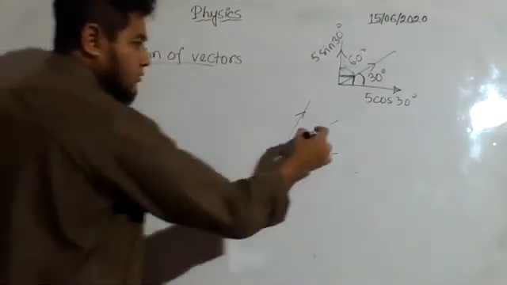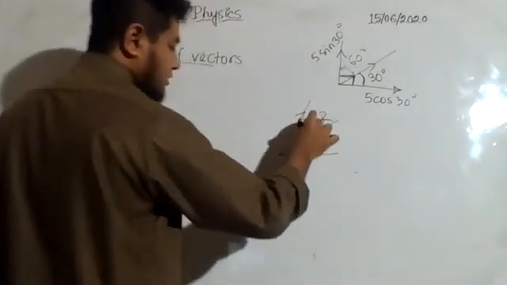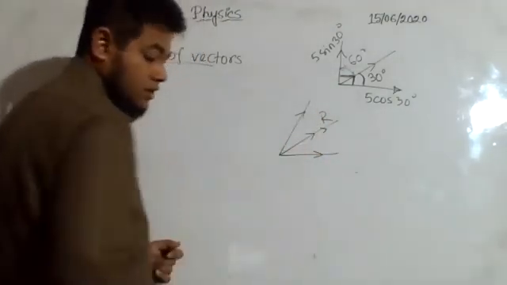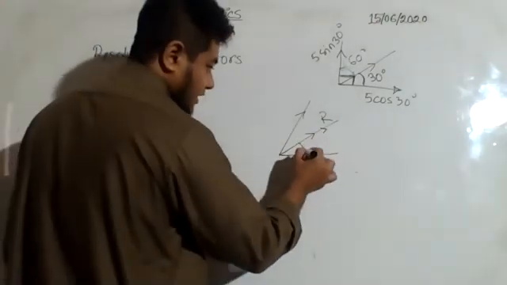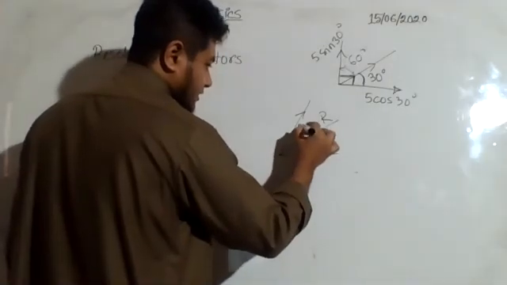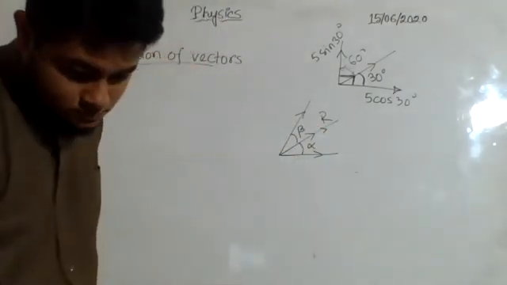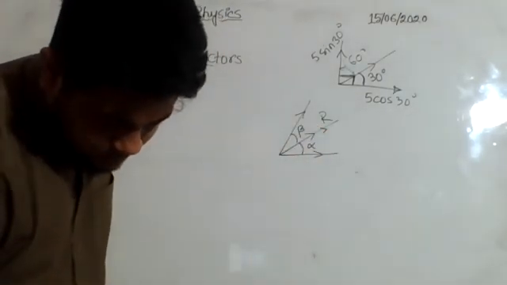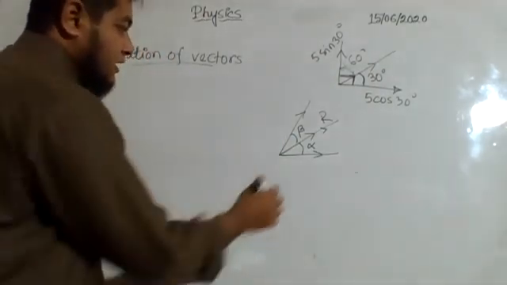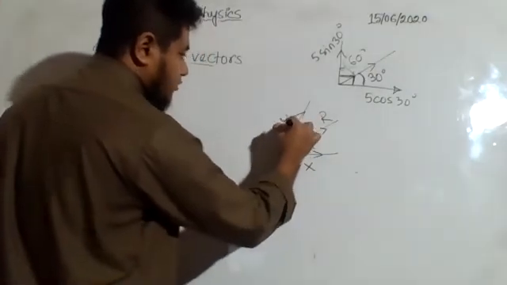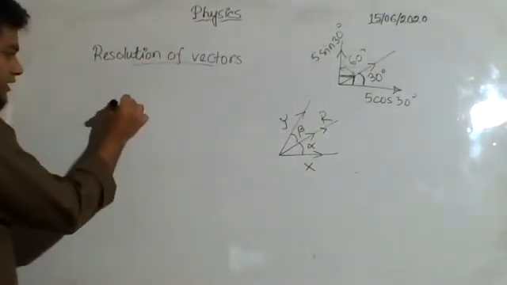Okay, this is our main vector. This one has been resolved into two components. Now if I say that this angle is alpha and this angle is beta, then this is x and this is y component. So how I can calculate x?